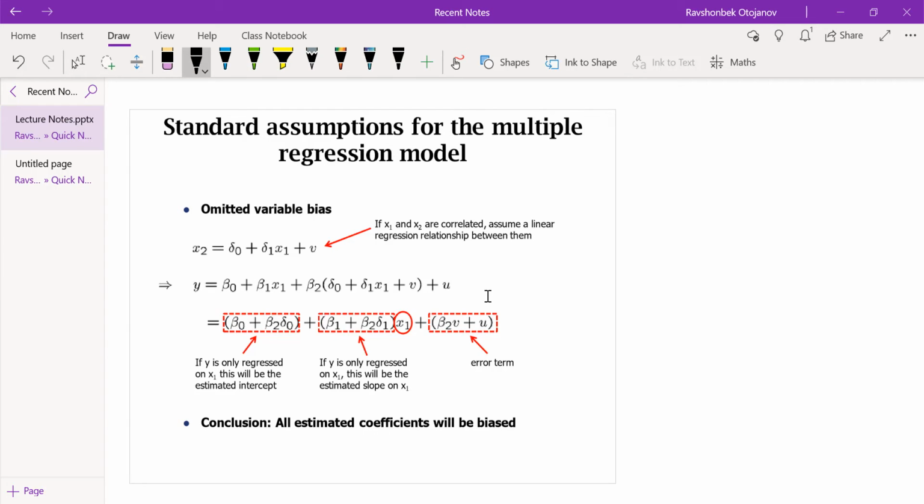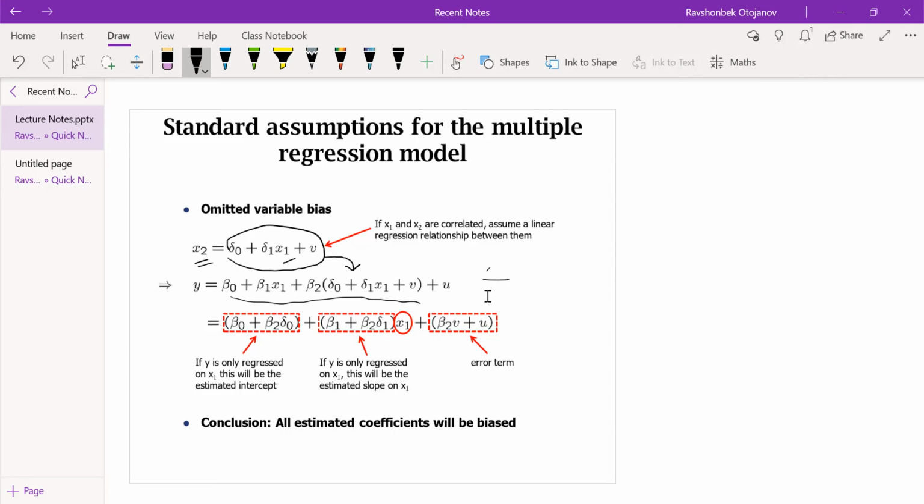If the excluded variable x2 is a linear function of x1, so let's assume that x2 is correlated with x1, but x2 is dropped, as you remember from our previous slide. If we plug that into x2 here, we get this slightly longer expression. Then the model is plugged into the original population model.